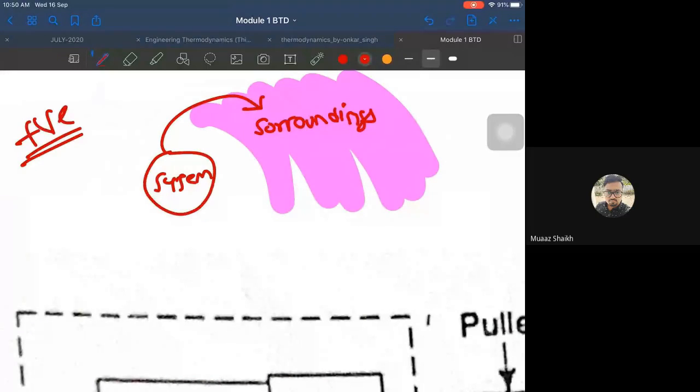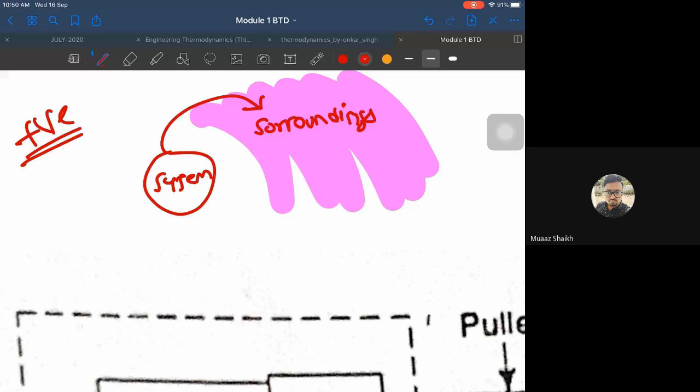Whether my work is positive or negative if work is done on the surroundings? Work is done on the surroundings. So most of you say it is positive, correct? That's great. I am very happy that you have understood this.